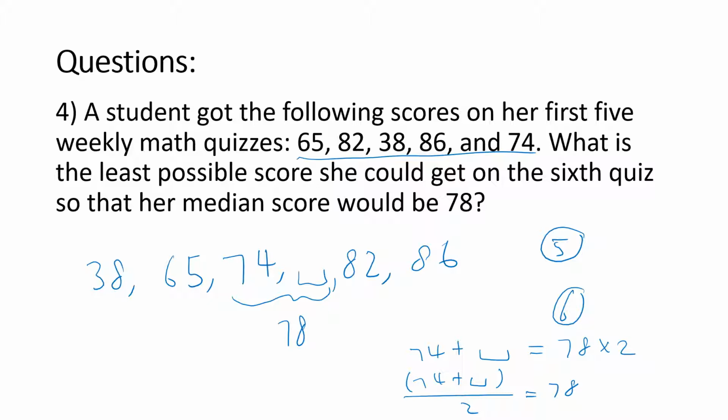Either way you can think about this problem. This missing number has to be bigger than 74 and give you an average of 78, which is 82. So 82 and 74, the average is 78. That's the median of the 6.